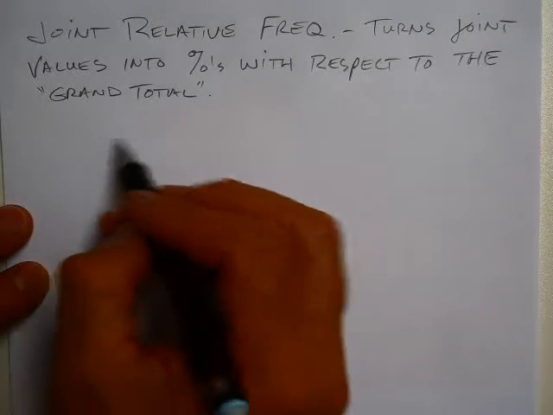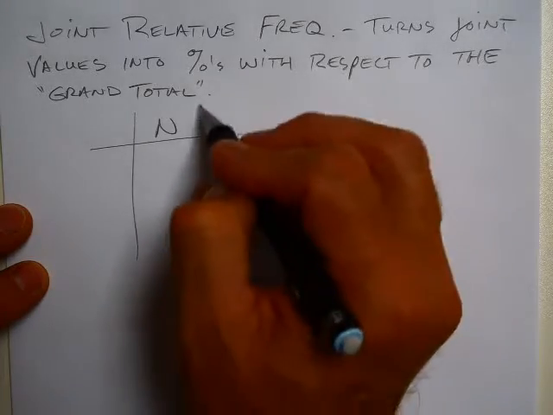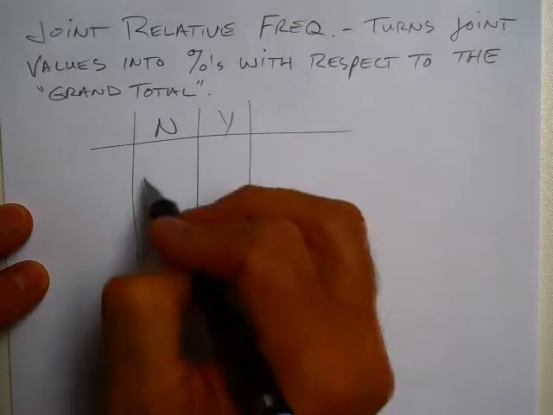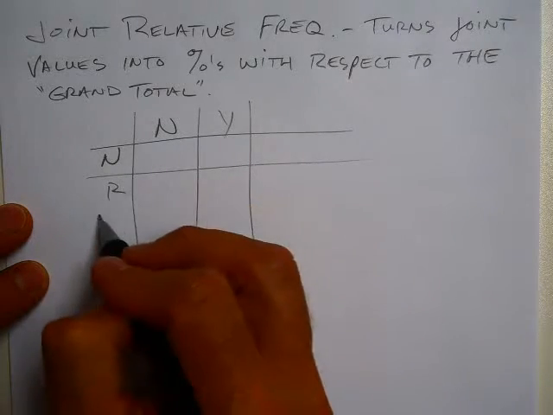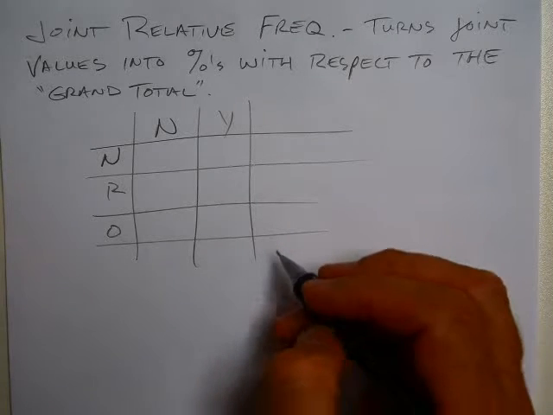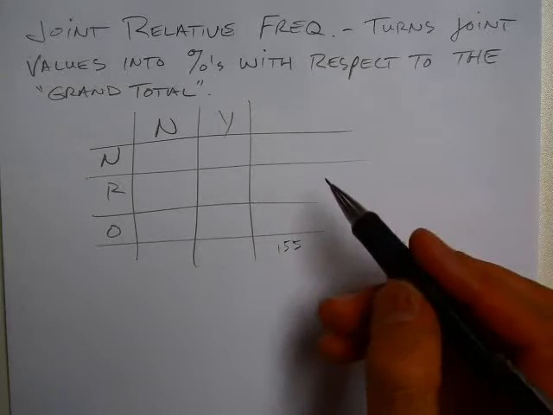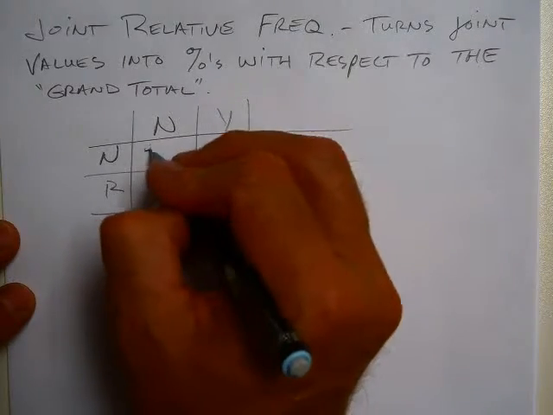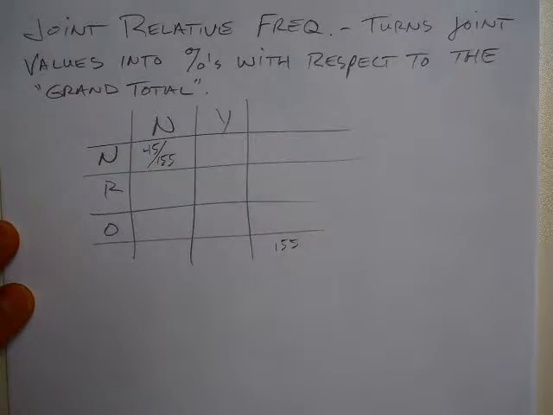So the joint relative frequency would look like this. No, yes, never, rent, own, and we're using our 155 here. So no and never would be 45 divided by 155, and we get some percent for that, or decimal.